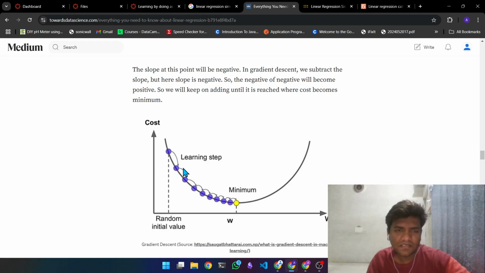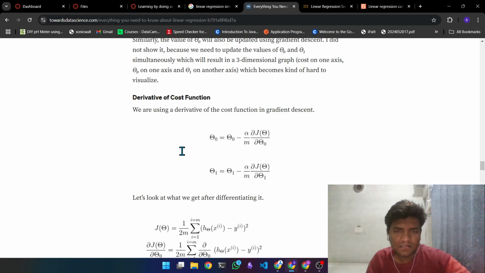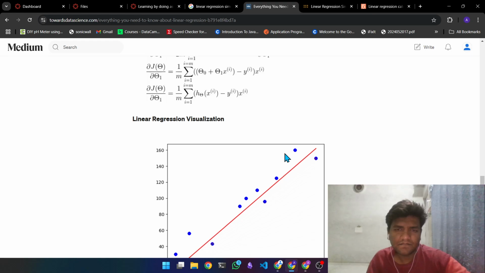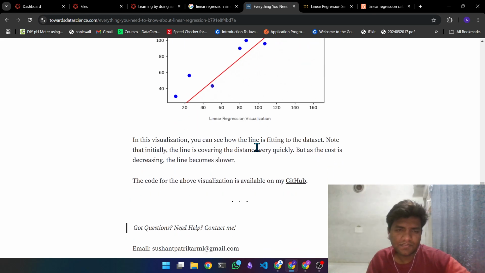The alpha controls these jumps from here to here, here to here. Alpha defines them. This is the derivation and stuff. So this is what alpha does. By using alpha, we are trying to achieve the best fit line. Now on to the simulation part.